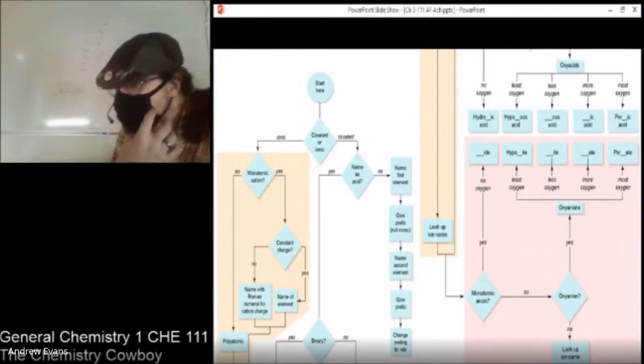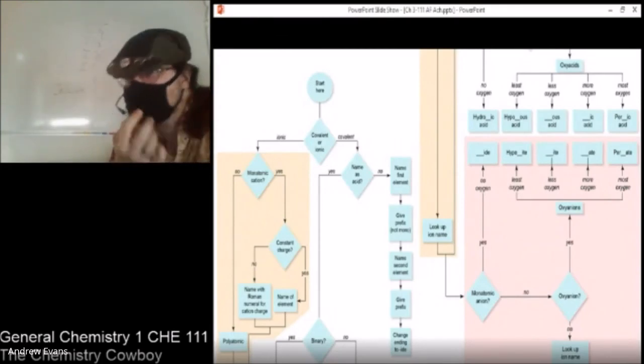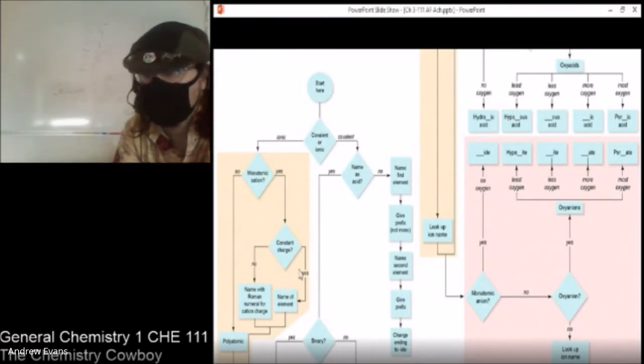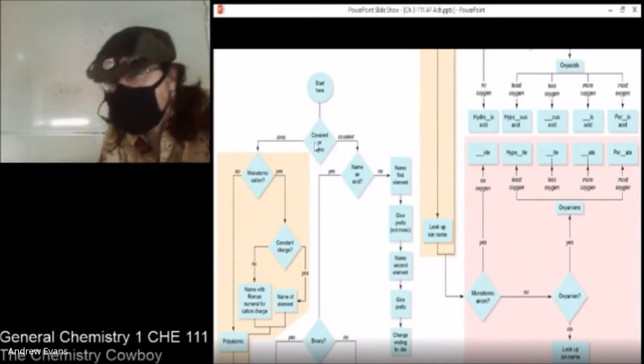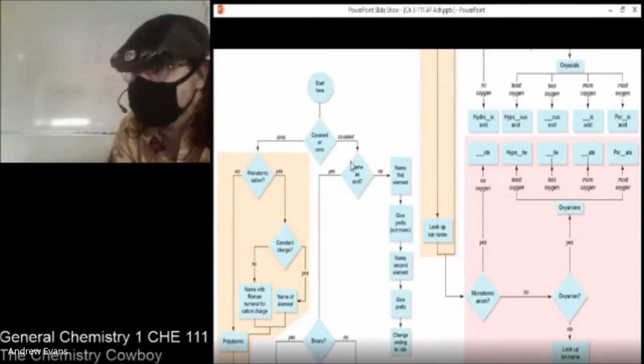So this chart, for your benefit, don't worry about it. Basically, it's showing a scheme of how you could go about naming things. If this confuses you, don't worry about it. But basically, you can break it down into, is it ionic or is it covalent?